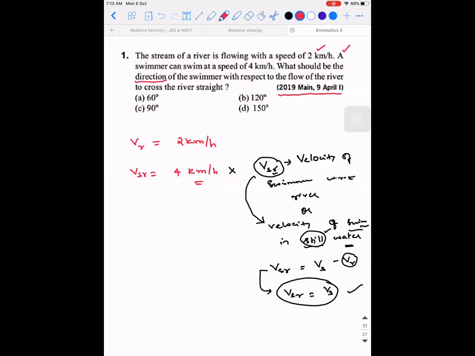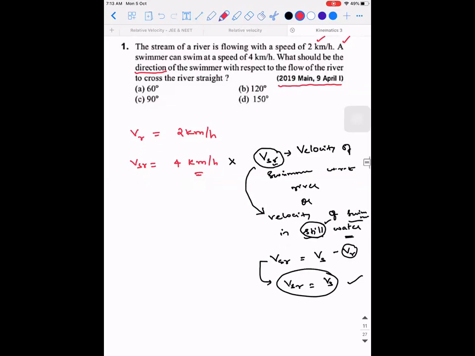What should be the direction of the swimmer with respect to the flow of the river to cross the river straight? What do you mean by crossing the river straight? Zero drift. Yes. So he should experience zero drift. Let's visualize it again. So the person is starting here. He should reach the opposite point by experiencing zero drift.